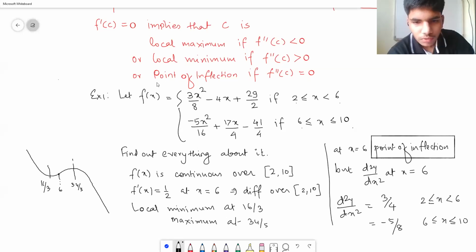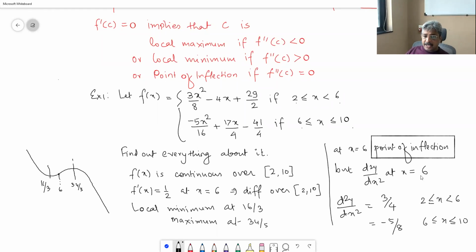How did we determine that it is a point of inflection? How is it determined that it is a point of inflection? Because from 2 to 6 it is chord above curve. The leading coefficient is positive and it is a quadratic equation, so the curve is going to be like this only. We know that the leading coefficient is negative from 6 to 10, so it is going to be like this.